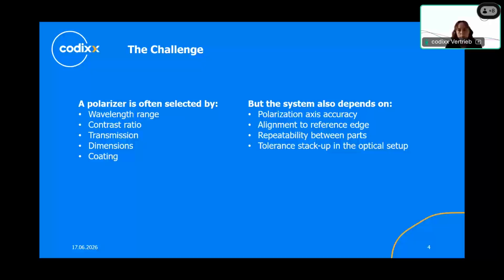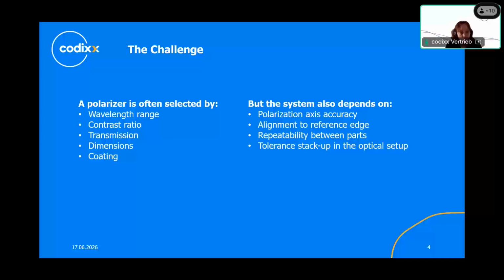So if the polarization axis is not exactly where the system expects it to be, you can have the best polarizer, but it still may introduce an angular error into your system.